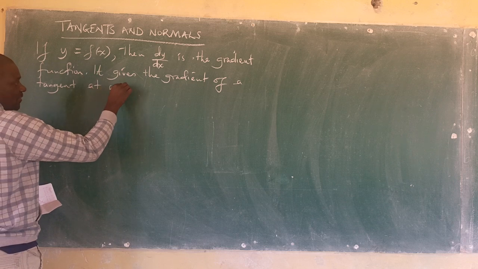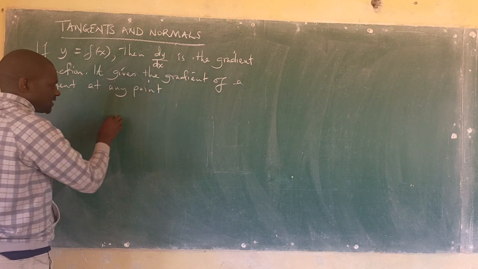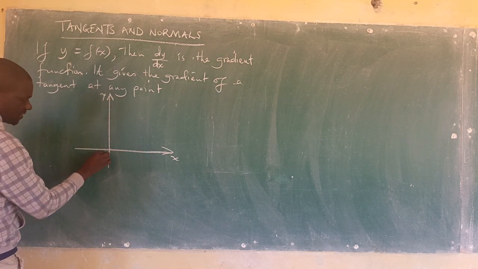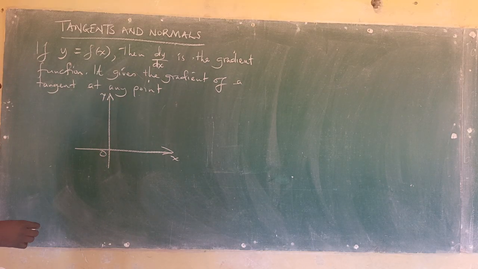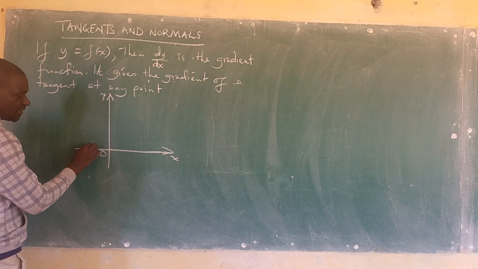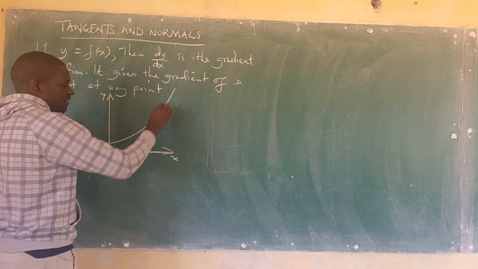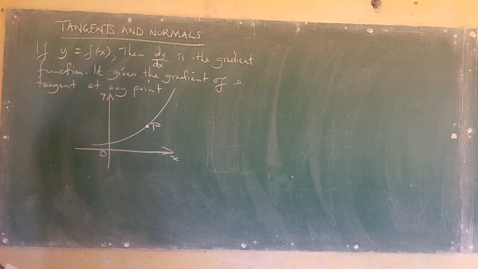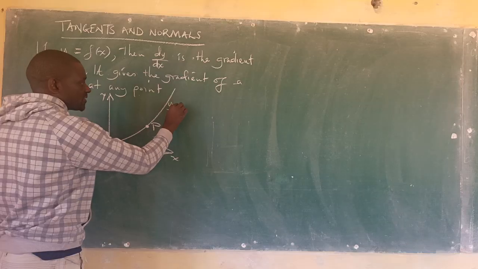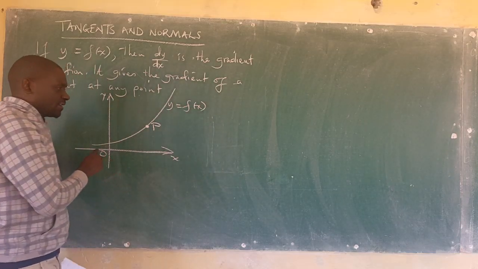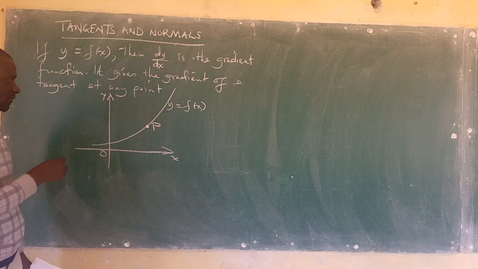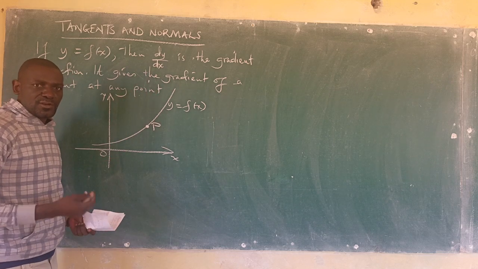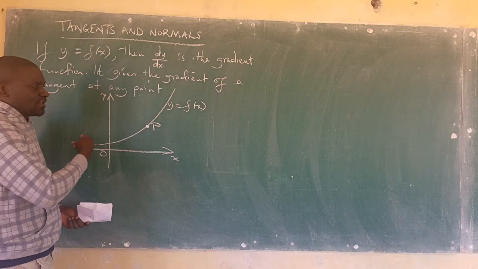So the situation that we have, let's say we have this x y plane, and then let's say we have a function, maybe like this. Considering the point here, let's say this is point P. If this is y is equal to f of x, to get the gradient of this curve, we just have to differentiate the function, and the function that we come up with will be a gradient function for this curve.